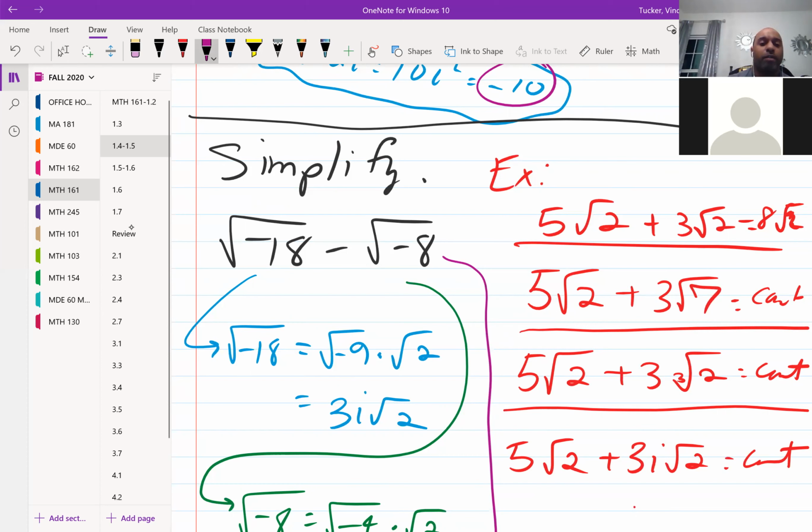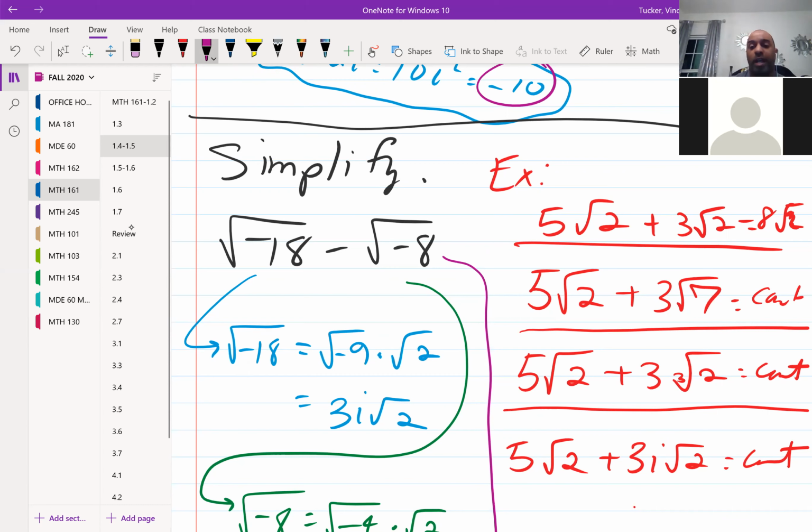Taking the square root of negative 18, you break it up into negative 9 and 2. Square root of negative 9 is 3i, and you leave the 2 under the radical. Now, we cannot add or subtract terms that do not have the same index of a radical and the same radicand, that is what's under the radical.